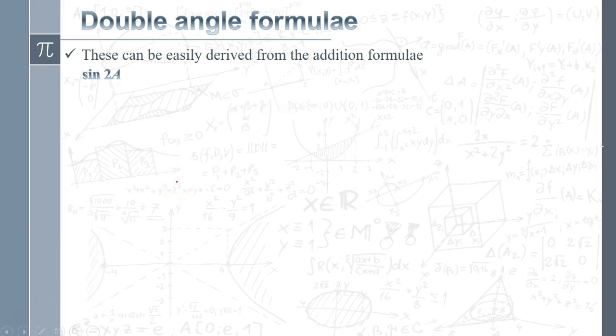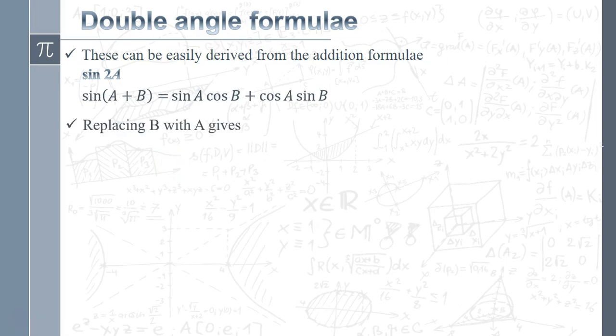So what we're going to do is have a look at what actually is sine of double an angle. So here we go. If we take sine(A plus B), we're going to pull a real simple trick whereby we replace B with A, or alternatively make A and B the same size. Either way, what we end up with is sine A cos A plus cos A sine A, and you'll notice that this thing here is now exactly the same as that thing there.